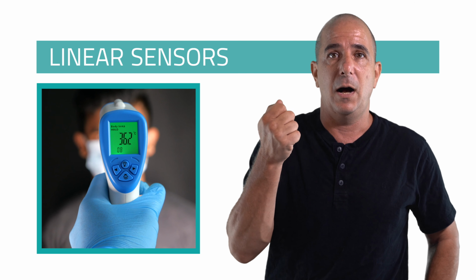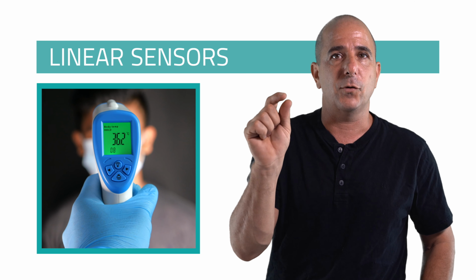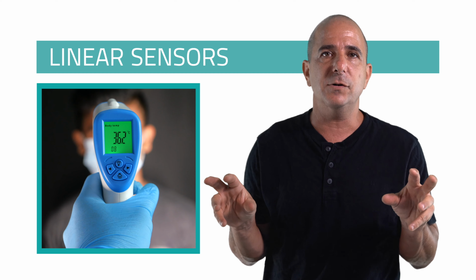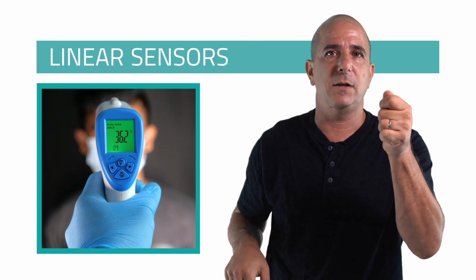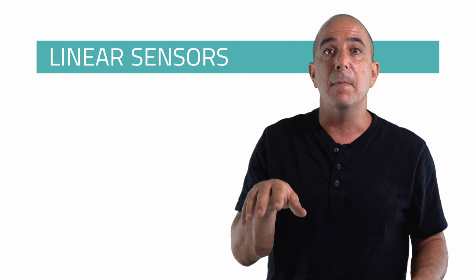So a temperature sensor is a simple point or linear sensor that allows me to get the environment temperature in time. Maybe the sensor works, I don't know, 10 times a second, and maybe it works only 1 time a second. If it works 10 times a second, we would say it has a sampling rate of 10 hertz.